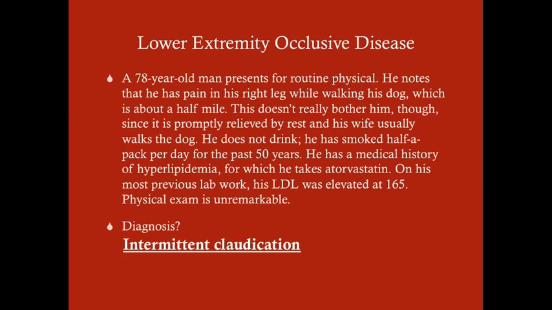However, it doesn't say that he just started on the statin, so it's more likely that he's going to have intermittent claudication as the diagnosis. And then the physical exam was unremarkable, so we can assume from that neurologically he's normal. But it's going to be important, of course, in real life to make sure you're doing a comprehensive physical. So the most likely diagnosis here is intermittent claudication.